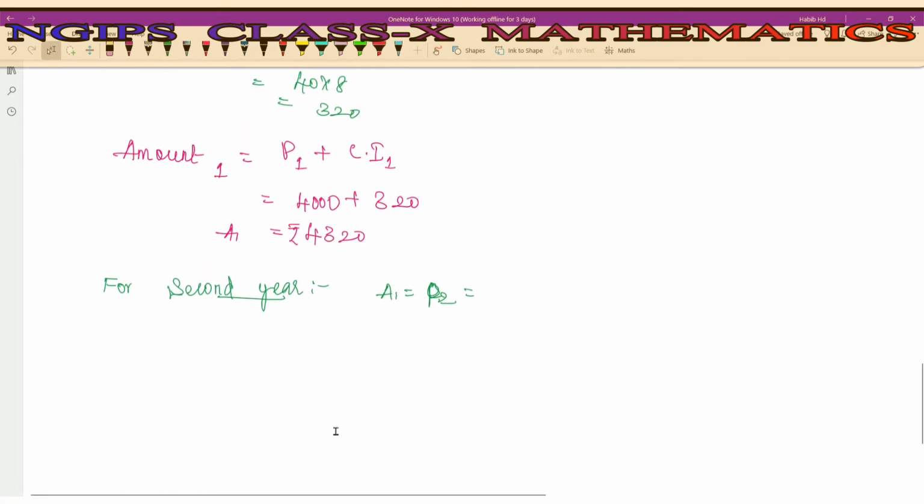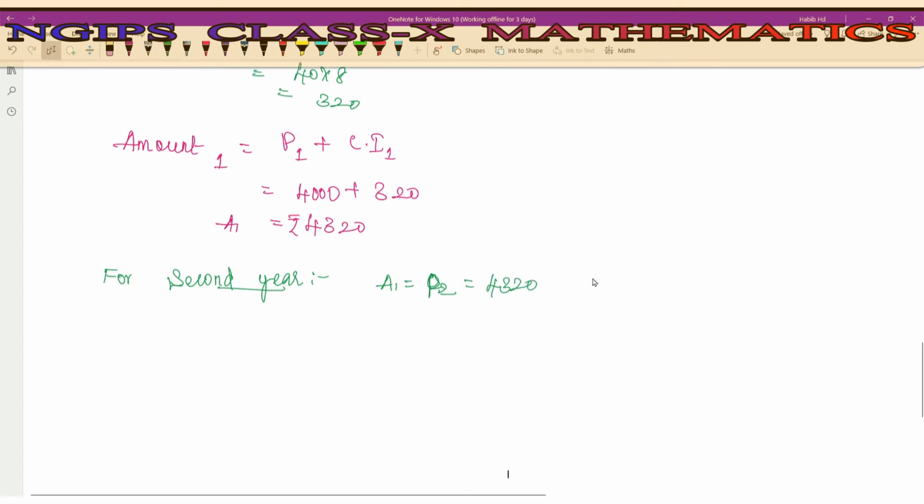For the second year, we have the first year amount, which is carried over as the second year principal. The second year principal is 4320 rupees.